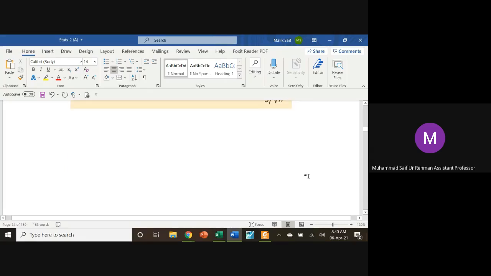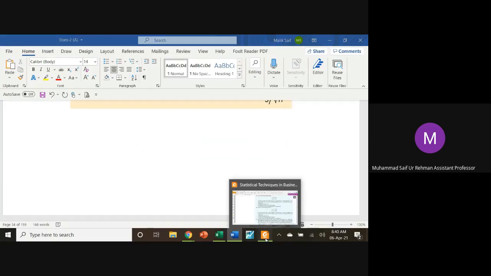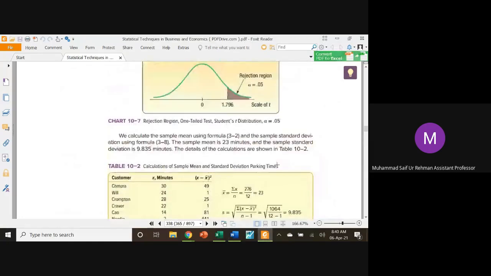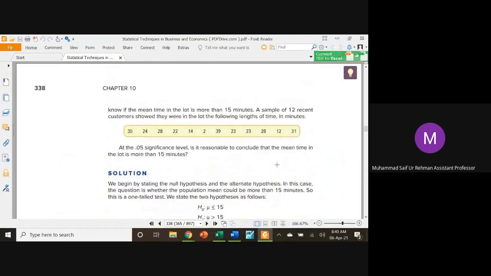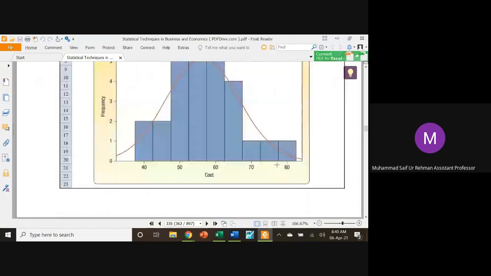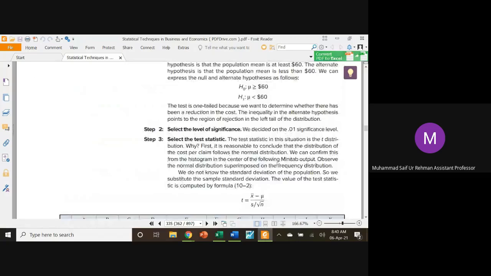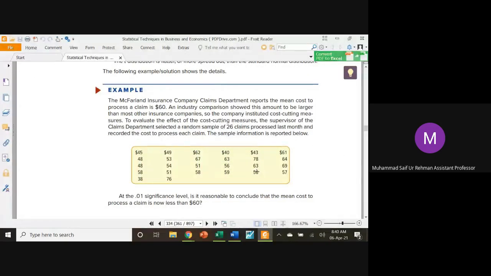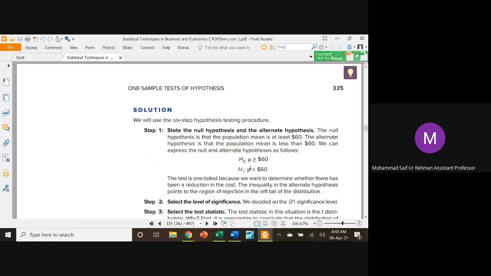Let us solve a few examples from this section. Basically, this is the section in your book. You may see the two examples that are solved in your book. The first example in your book, I suggest you solve it on your own, and if you feel any problem, you may ask me later on.